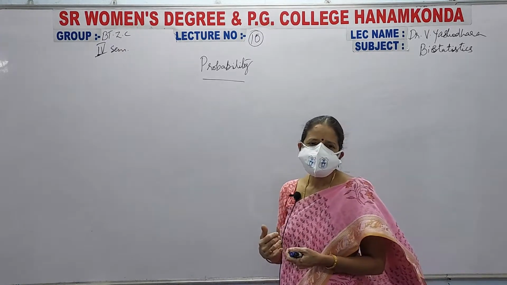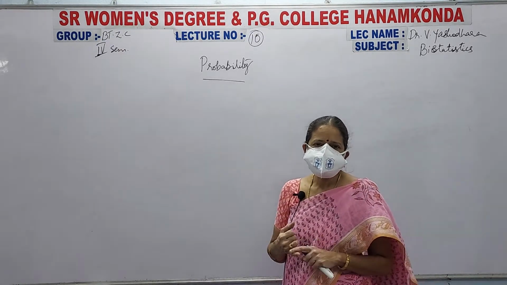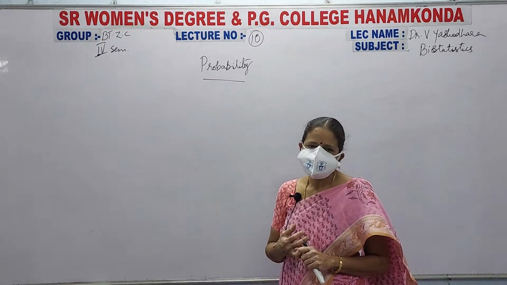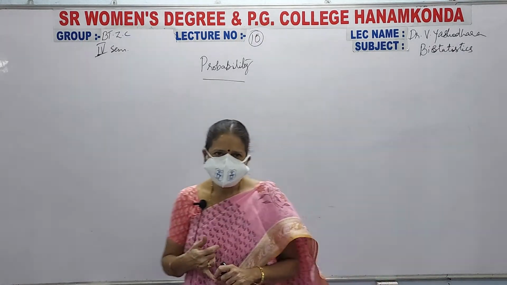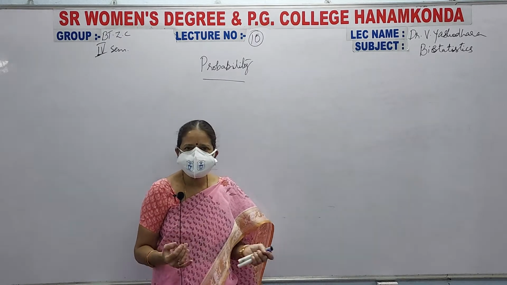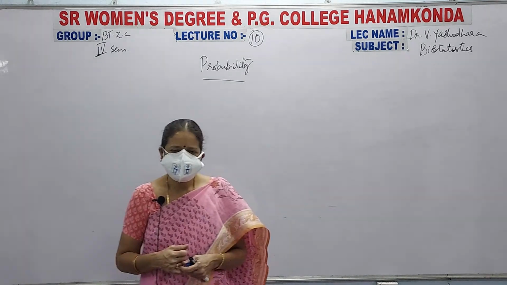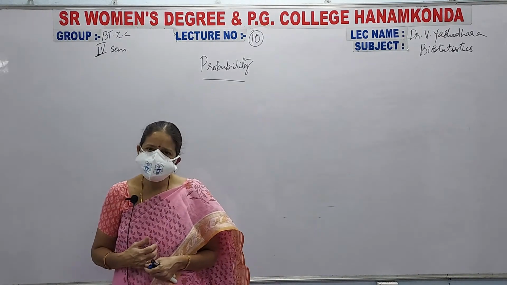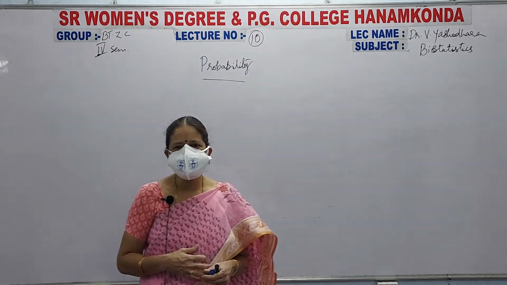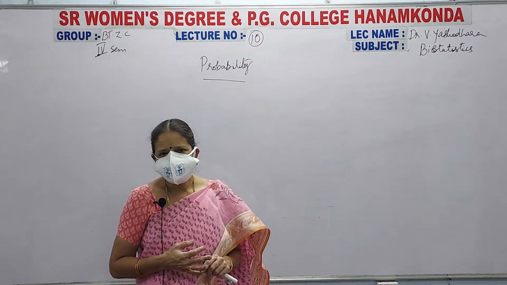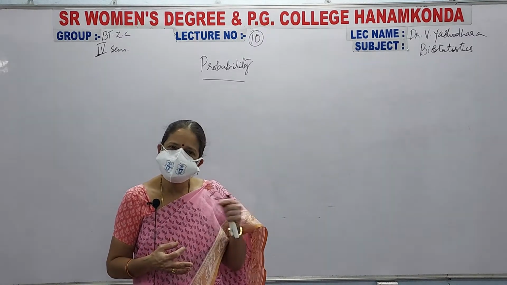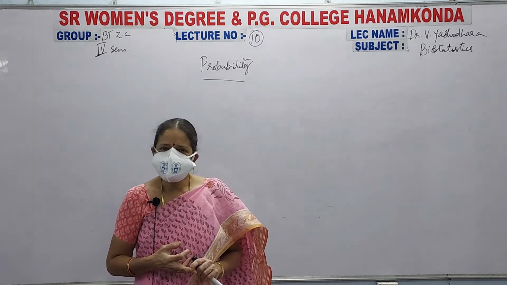Next we started the distributions: discrete distribution and continuous distribution. Discrete distribution means countable variables are present, for example students in a class, plants in the backyard. Continuous variables are uncountable, for example stars in the sky, or water drops in an ocean.